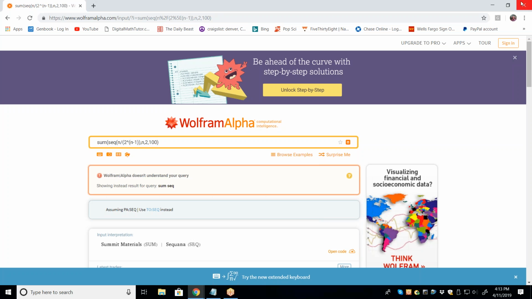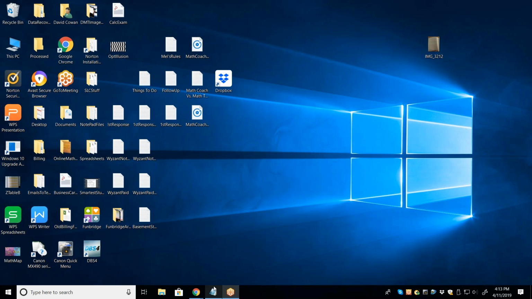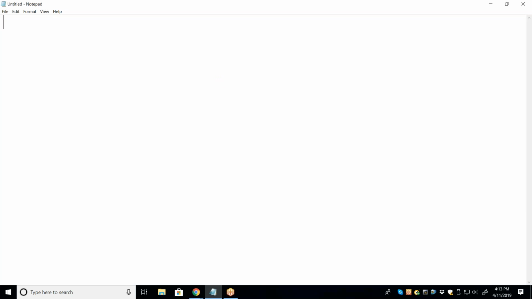Oh, this might be useful. I'm not getting anywhere with Wolfram Alpha, but I see some other stuff in the book.